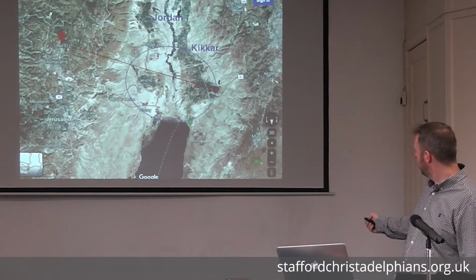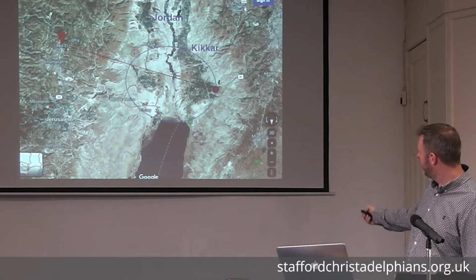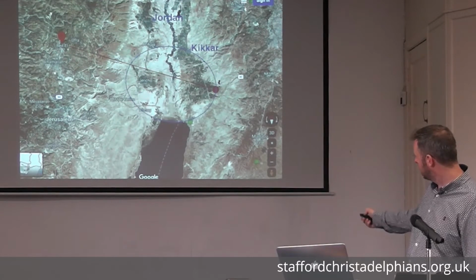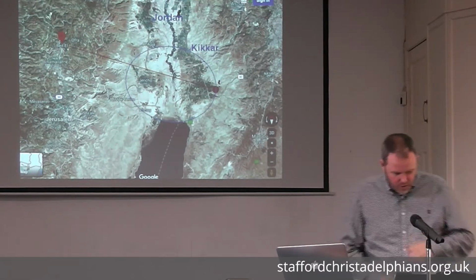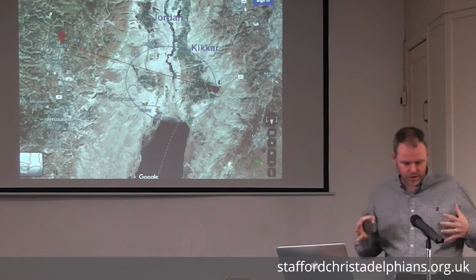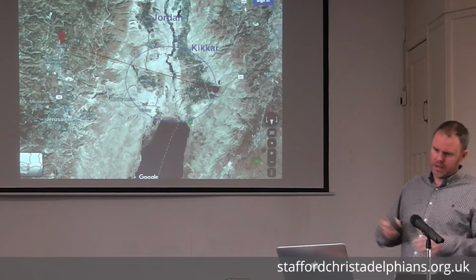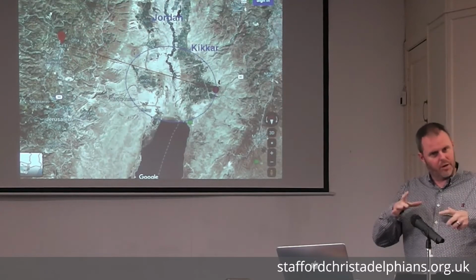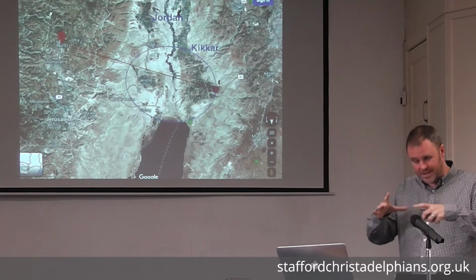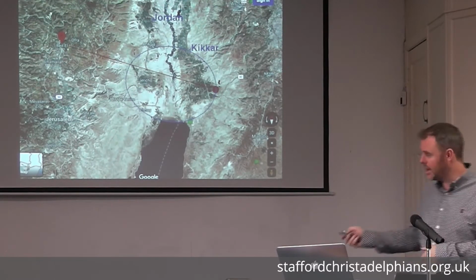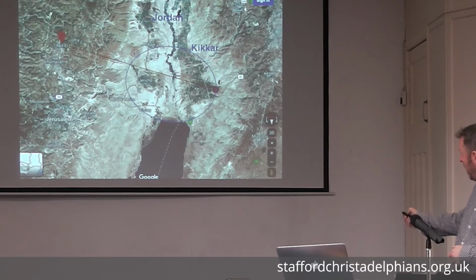Well, if you think about it, the Jordan's in a very tight valley, and there's only one spot in the Jordan where you would call it a plain, and that's this area here. In fact, the original Hebrew word for plain speaks to it. The Hebrew is for a disc of bread. It's a disc shape rather than a plane as such. And so here you have a plain which is disc shaped, broadly speaking.